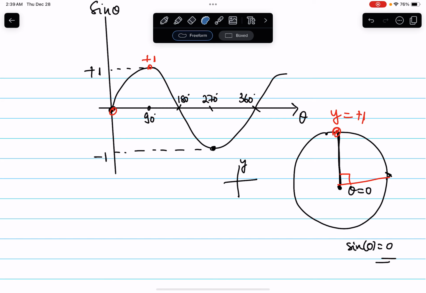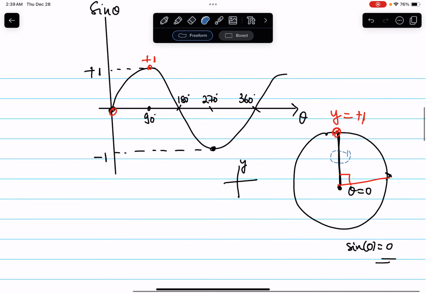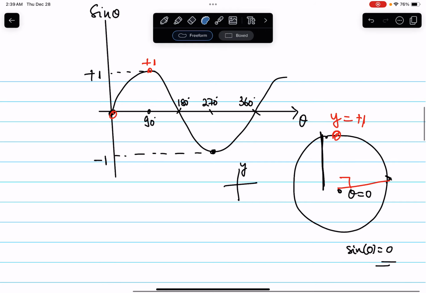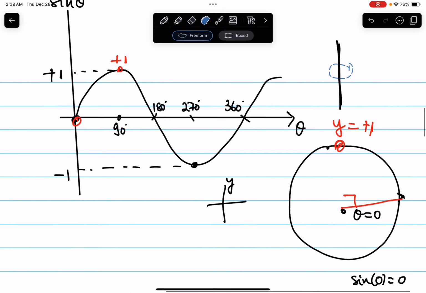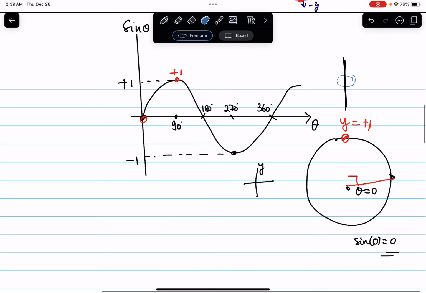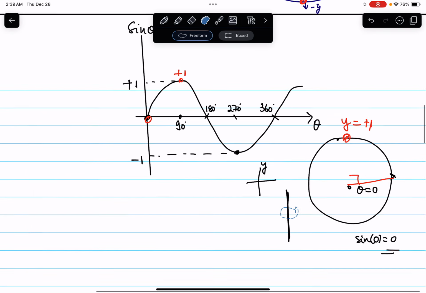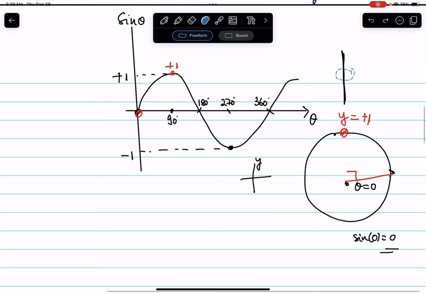Okay, now we shift it again. Okay, for some reason that's not moving. Let's just leave it this way.